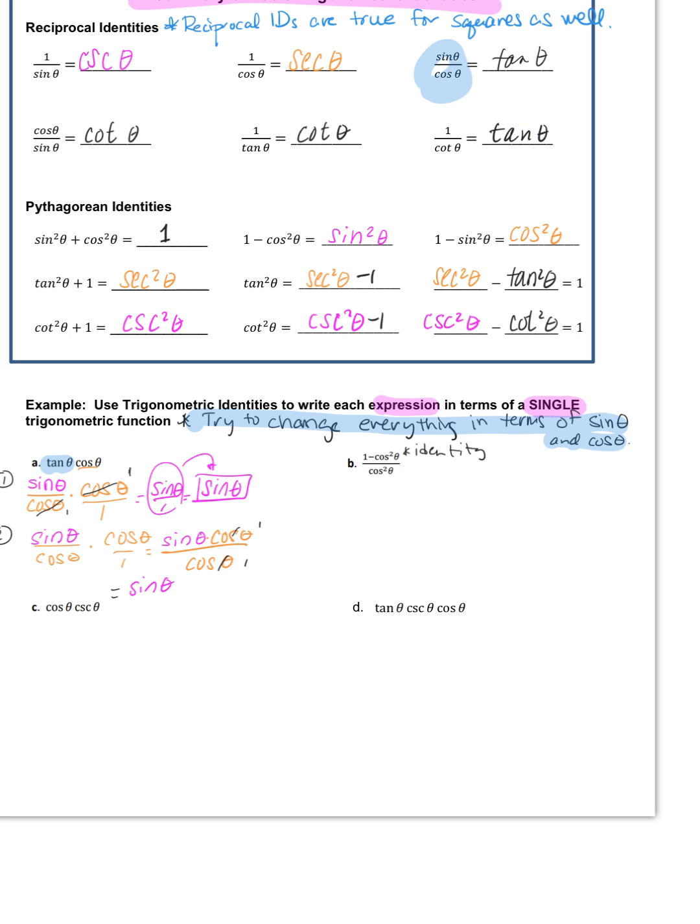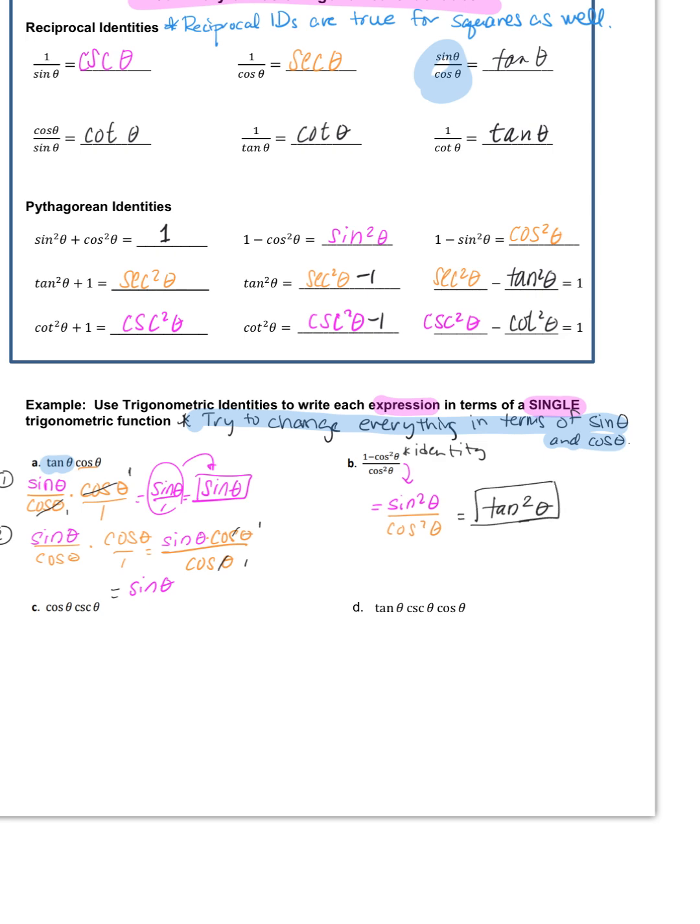We want a single expression on top, so let's change that to sine squared theta divided by cosine squared theta. We know sine over cosine is tangent, so this equals tangent squared theta.